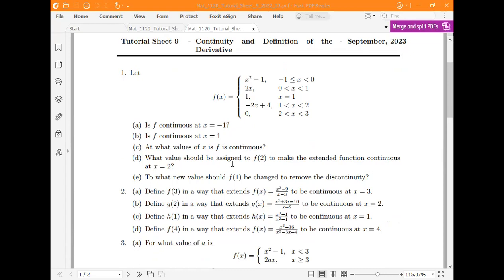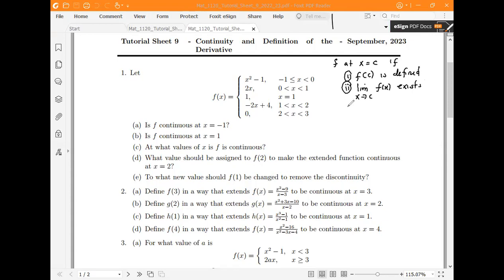So this is what we talked about. We say that f is going to be continuous at x equal to c if, first, f of c is defined. Second, the limit as x approaches c of f exists.